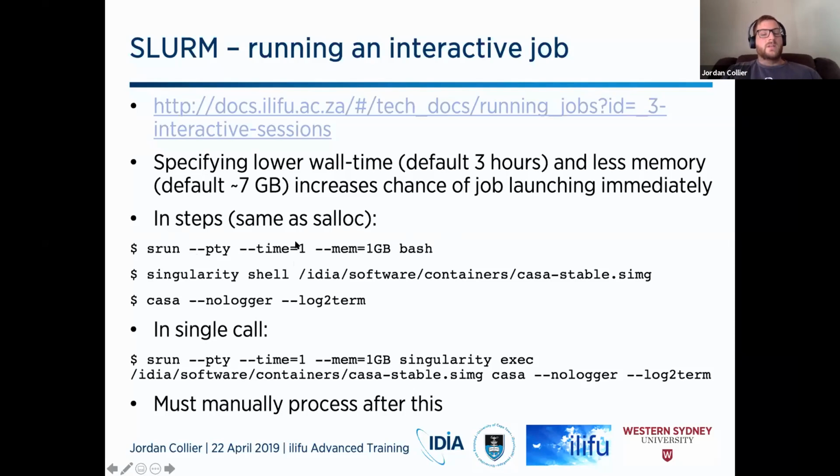This puts me on the compute node where I can then run Singularity and shell into this particular container. In this case, I'm calling this particular radio astronomy software, CASA. So this is doing it in steps: first connecting to the compute node, shelling into the container, and then running the software. And this is all interactive from that point on.